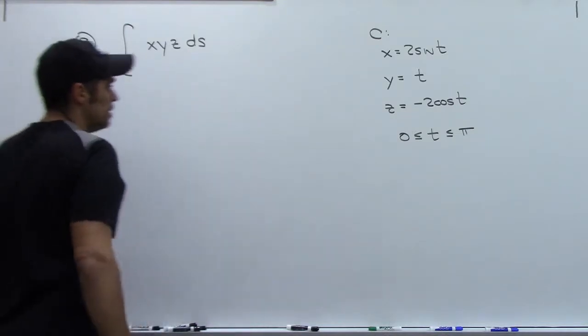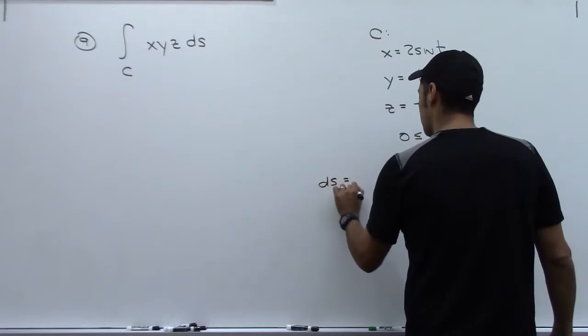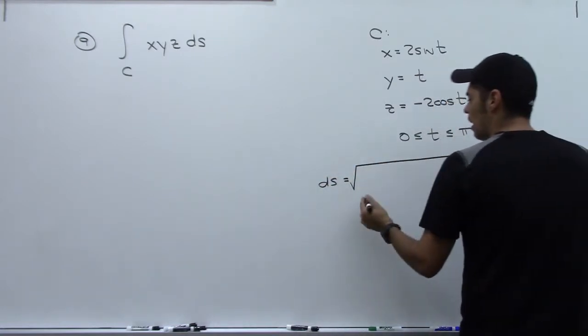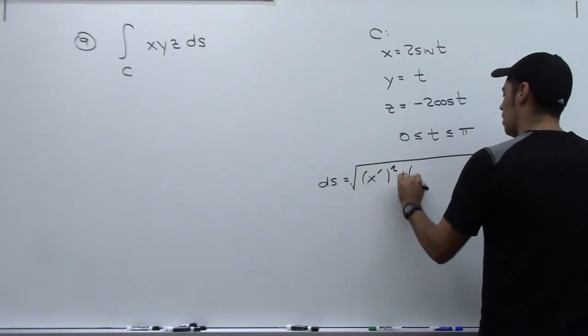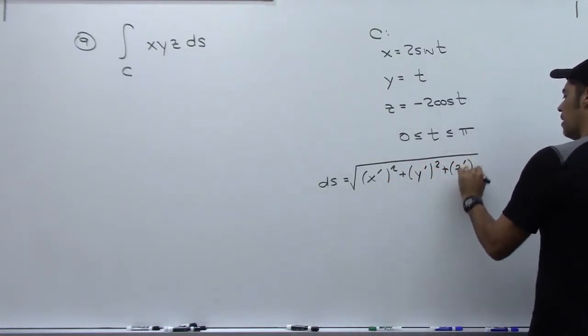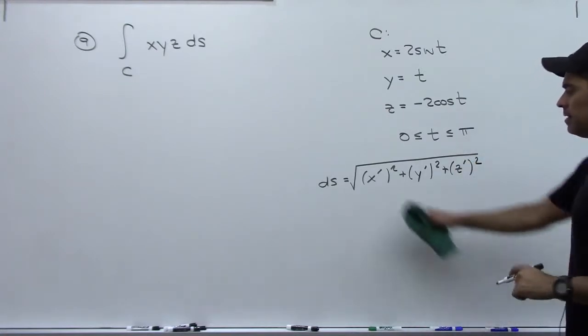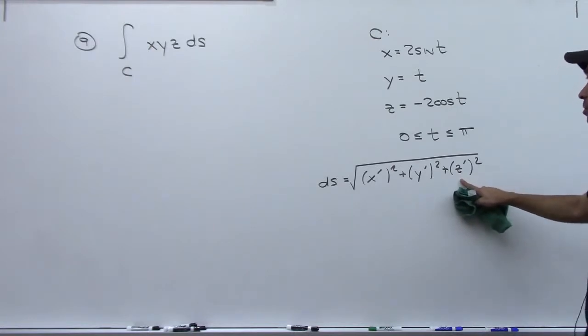ds is really the big piece right here. So we're going to need to do ds, which is going to be the square root, and I'm going to write it this way. It's the derivative of x squared plus the derivative of y squared plus the derivative of z squared. So dx dt squared, dy dt squared, dz dt squared.